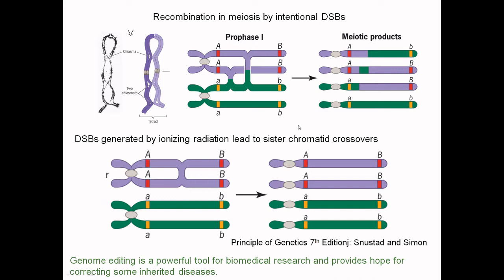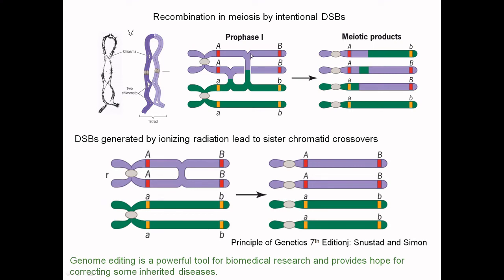But when we just study meiosis, we forget that the crossing over that results in the exchange of the chromatids in the daughter cells is because of the intentional double-stranded breaks in the sister chromatids of the homologous chromosome. Because of that, we got the genetic diversity in the offspring.